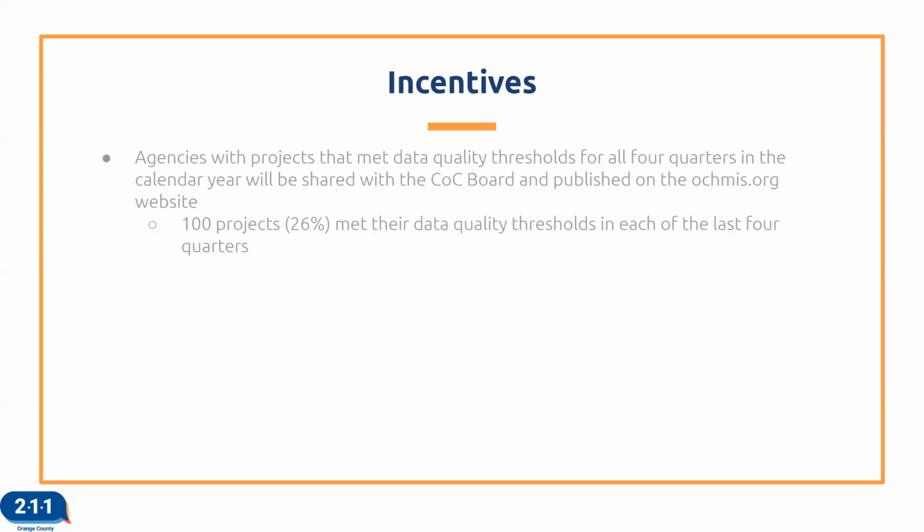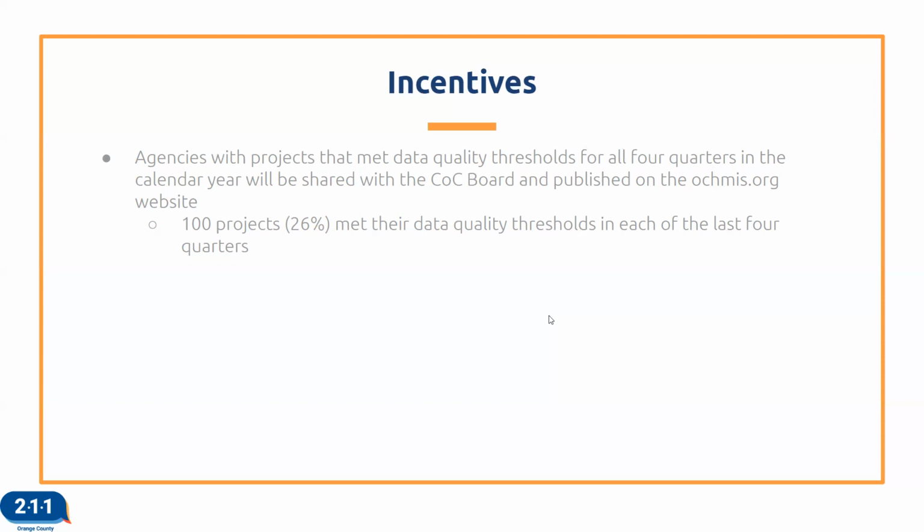And the way this will probably end up looking is that we will have a list of the agencies, and then we'll have how many projects at those agencies met the data quality thresholds for all 4 quarters.